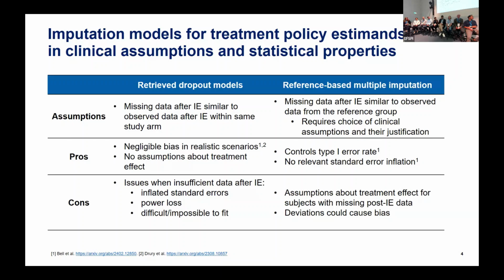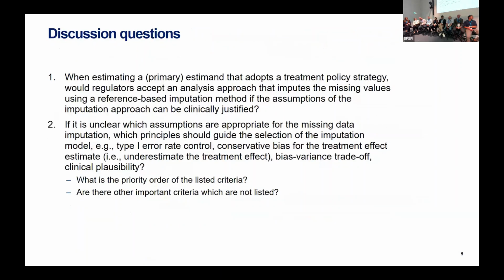And now we come to our questions. So we have two questions. The first one is, when we are estimating a primary estimate that adopts a treatment policy strategy, is it acceptable to use an analysis approach that imputes the missing values using a reference-based imputation method if we can clinically justify the assumptions?